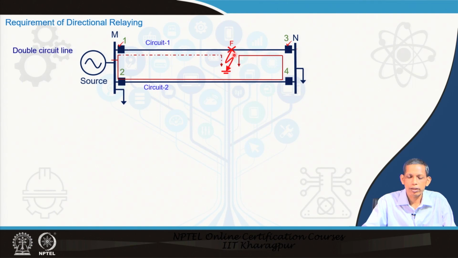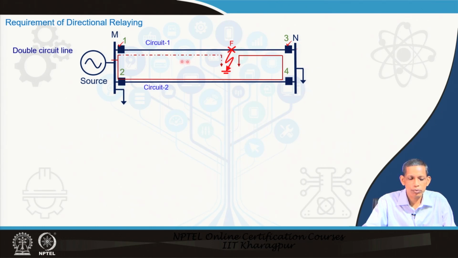If a fault happens to be in any of the lines, let us say circuit 1 at F, this breaker 1 and this breaker 3 should be open. So, this line should be out, and the other line should still remain functional, so that some of the loads here can still be supplied. That is the benefit of reliability.